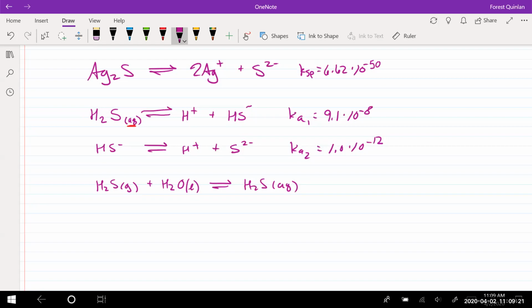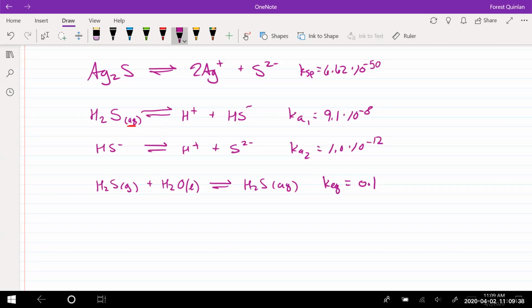This, by the way, happens to have a K equilibrium of 0.1, which means it goes back and forth pretty easily.